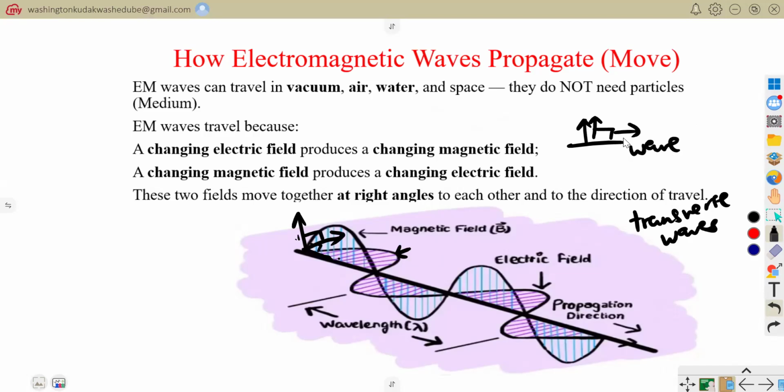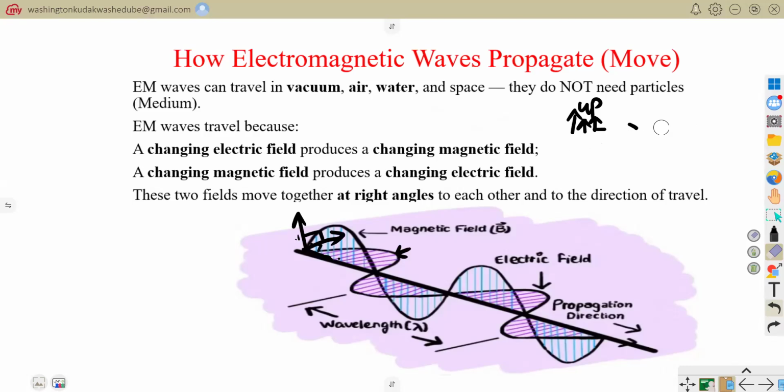So the wave will be going to the right, whilst the particles are displaced either up, or else they can be displaced down. That is what is happening here, where we are saying that now, instead of us having particles that are being displaced, what is happening is we are having an electric charge that is being accelerated.